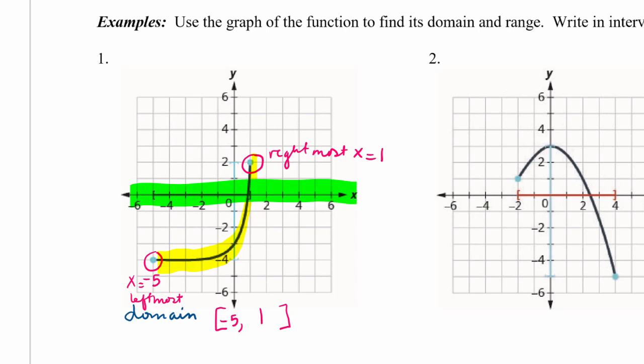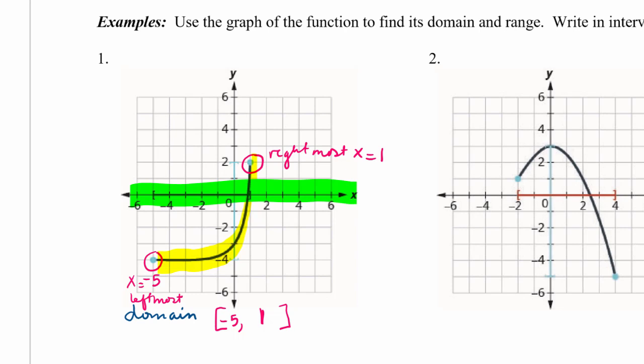So my domain is that this graph has ordered pairs for all the x's between and including -5 and 1. I know that's going to seem a little strange for a while until you get the hang of it, and you may have to actually rewind and watch this video a couple of times till you get this idea. Okay, that's our domain.